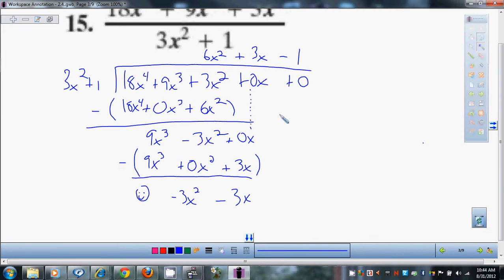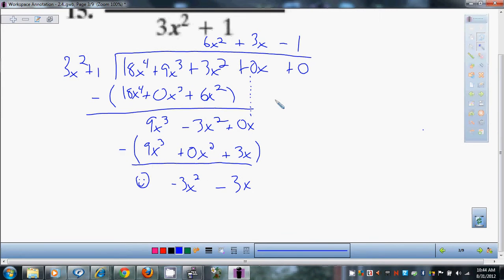What's my next step? Multiply. Negative 1 times my original is negative 3x squared minus 1. I'll go ahead and add in the 0x for good measure. And we're ready to subtract.